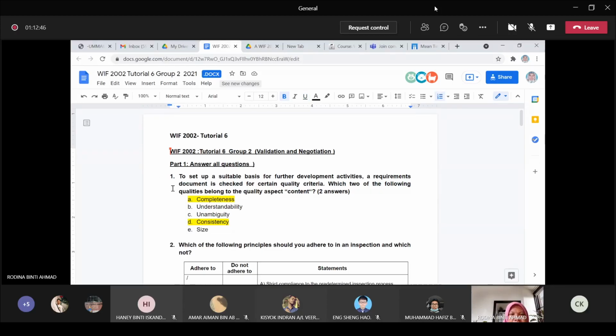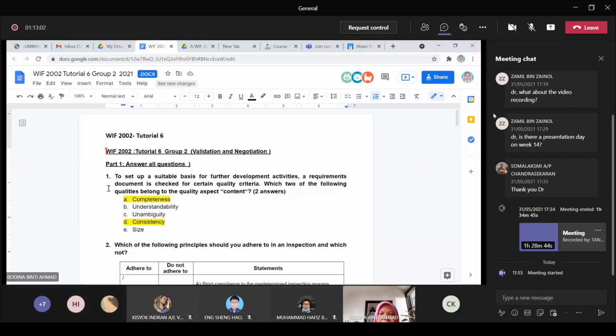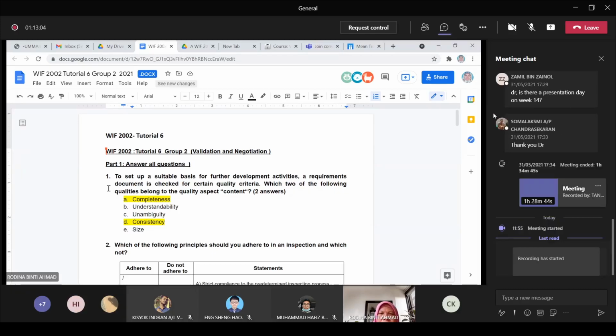All right, so can we discuss tutorial 6, on the topics of validation and negotiation? Thank you so much for the collaborators. Okay, number 1: to set up a suitable basis for further development activities, the requirements document should be checked for certain quality criteria.